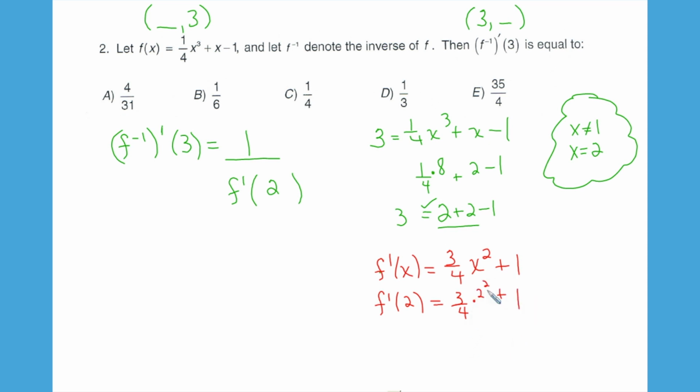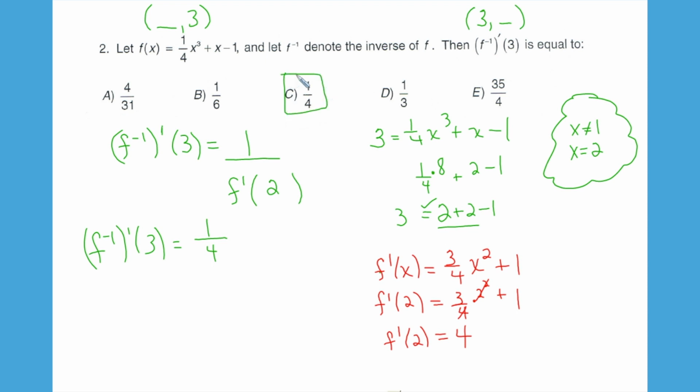Oh, look how sweet that is right there. Because 2 squared is 4, so they're going to cancel, and 3 plus 1 is 4, right? So our answer, the inverse's derivative at 3, is equal to 1 over f prime of 2, which is 4, and that is C.